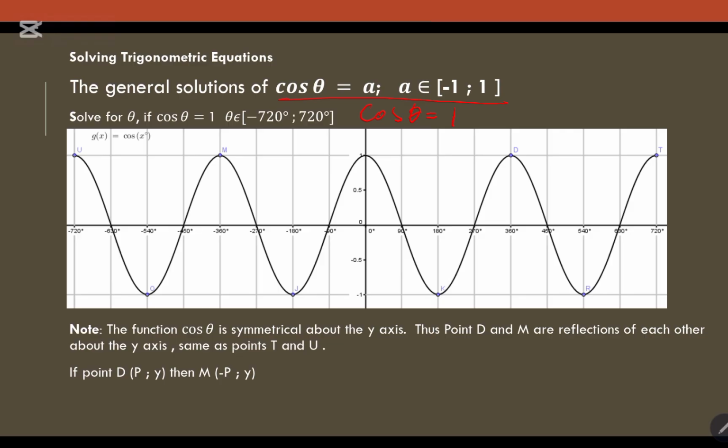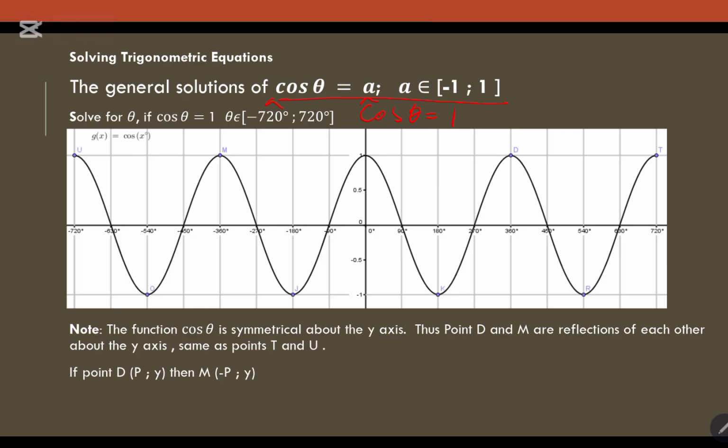And what is important is that the value of a here, this constant, and the amplitude of the cosine graph, they are either equal or the value of a is smaller than that. Because if a is bigger than the amplitude, then there is no solution between the two graphs.